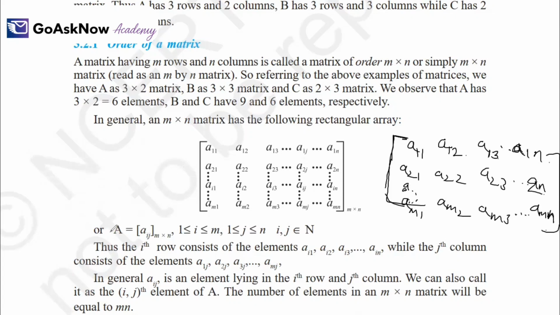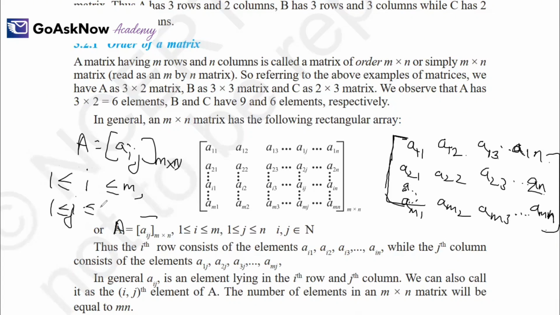Okay. So here you can see that A is Aij, where m cross n is the order. So it is the way of representing your matrix, Aij of order m cross n, where i is greater than or equal to 1 and less than or equal to m, and j is greater than or equal to 1 and less than or equal to n. And i and j belong to the natural numbers only.